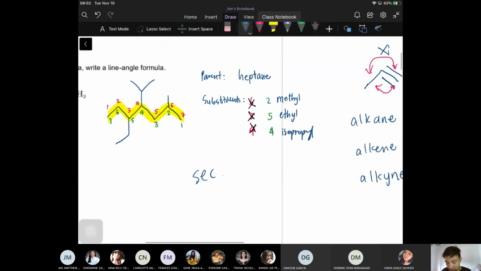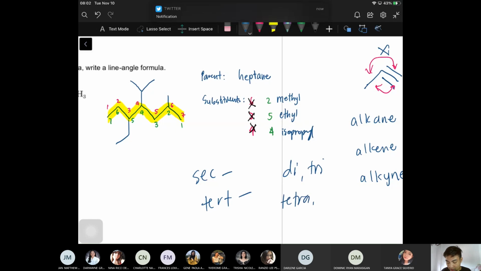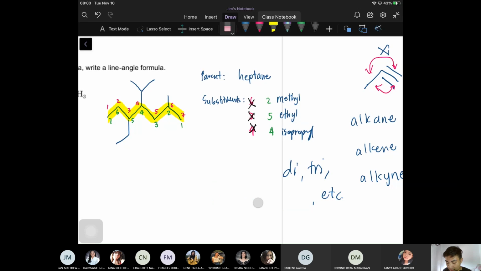Yung sec, yung tert, hindi yan sinasama. Ano pa? Yung Greek prefixes na di, tri, tetra, etc. So hindi yan mga kasama sa pag-alphabetize. Yung iso kasama yan. Okay? So alalahanin yan kasi baka mamaya diyan pa madali na.